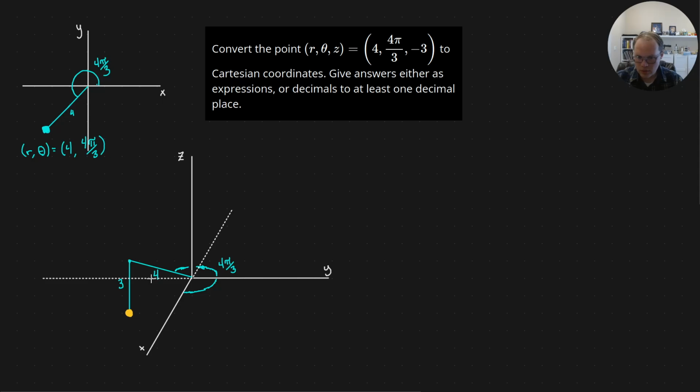In quadrant 3 of the xy plane, it goes down. Now, I just sketched out where the point was. Technically, the problem doesn't ask for that, but I think it's good practice. Get some intuition on how this coordinate system works.